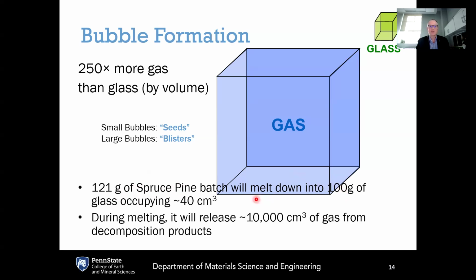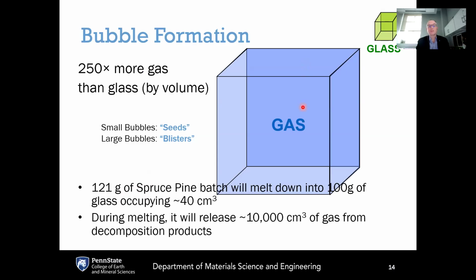And if you look at that by volume, the volume of the glass is about 40 cubic centimeters, but the volume of carbon dioxide that gets released is about 10,000 cubic centimeters. So it is a large amount of carbon dioxide that gets released from this decomposition process.